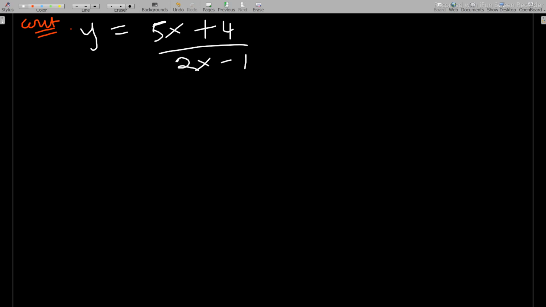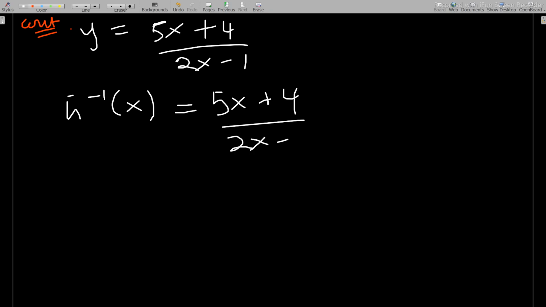So this will be the required h inverse of x that I want to find. I hope you understood the process. So this is the solution to the question.